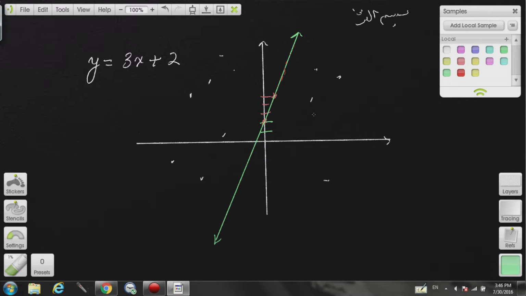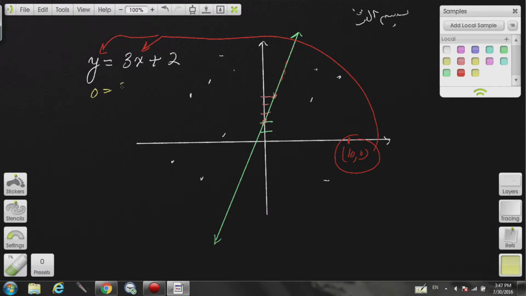So if you take a random point, let's say this point over here, let's just pick this one. I'm just going to pretend that's 10, 0. If you take a random point that's not on the line and substitute that in here for x and y, it will not satisfy this equation. In other words, it will make this a false statement. Let's just do this. X is 10, y is 0.